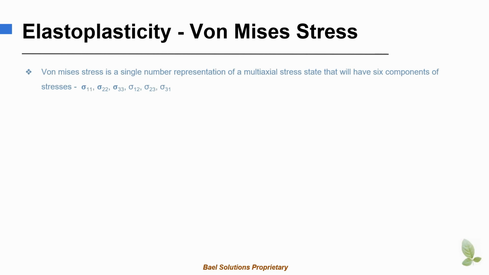Von Mises stress is a single number representation of a multi-axial stress state that will have 6 components of stresses. The 6 components include 3 axial components and 3 shear components. Equation of calculating the von Mises stress is given below.